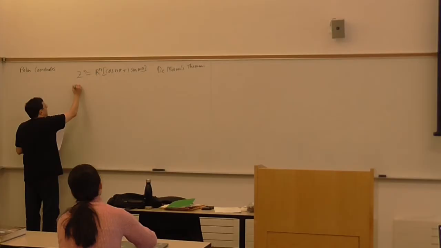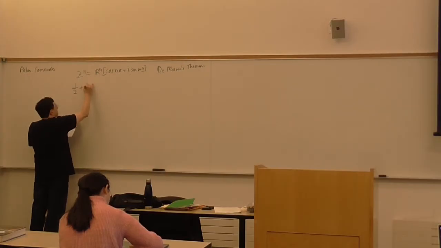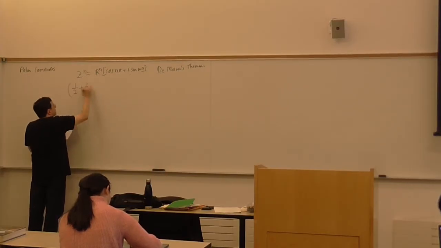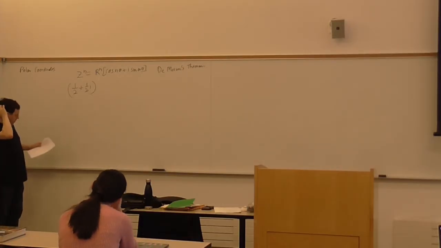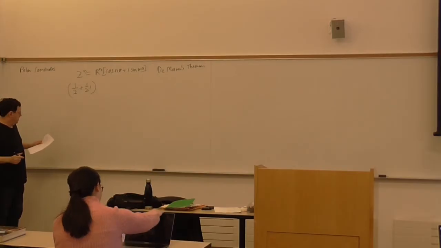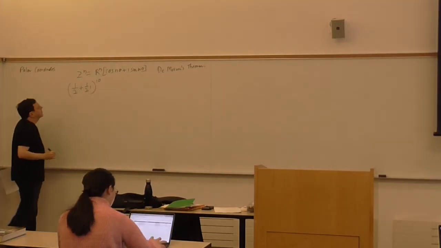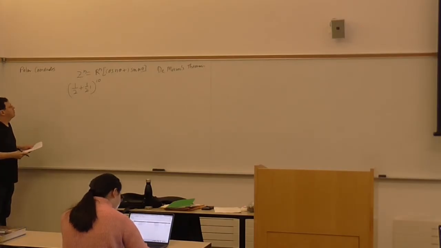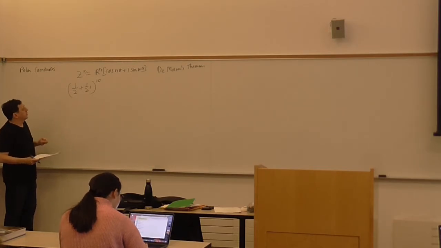What if I had this complex number? And what I wanted to find was this to the 10th. Well, I know how to multiply complex numbers, so I could spend a lot of time doing this multiplication.